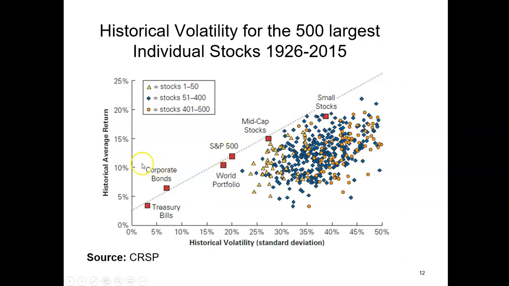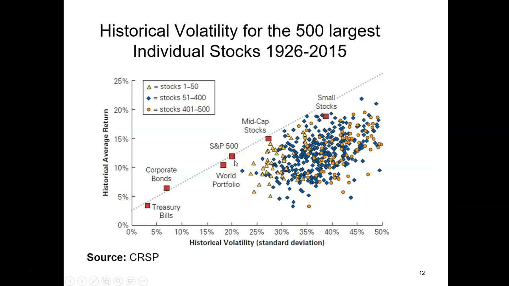So if you think about the return, the S&P is kind of in the middle of all this, right? So it reflects the average of all the stocks' returns. So you don't get the high one, you don't get the low one, you get something in between. But the risk, interestingly, wouldn't you think the risk would be in the middle here? But it's way over to the left.